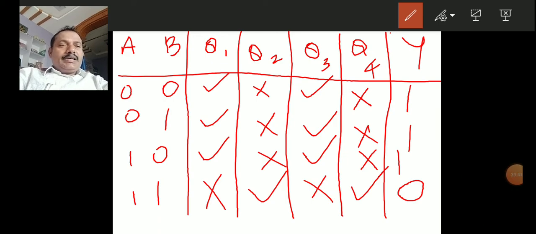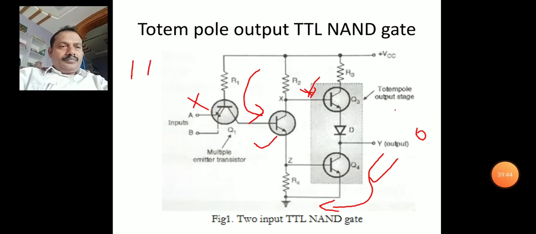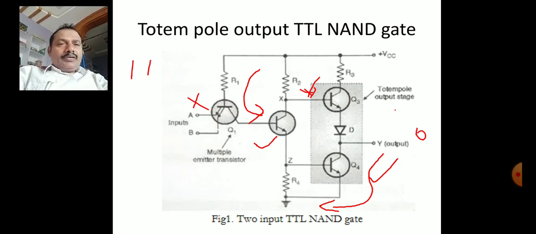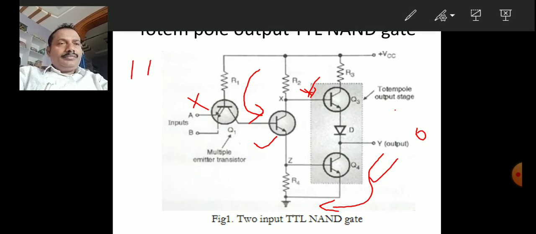Now, let us see. I already told you this is the path of the current. Whenever Q1 is conducting, that means Q2 is in off condition.